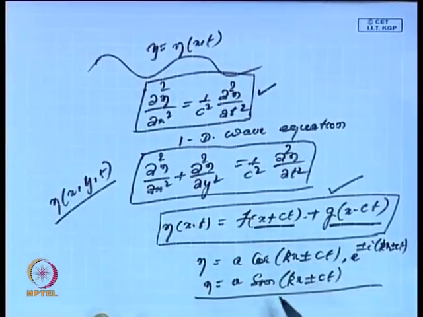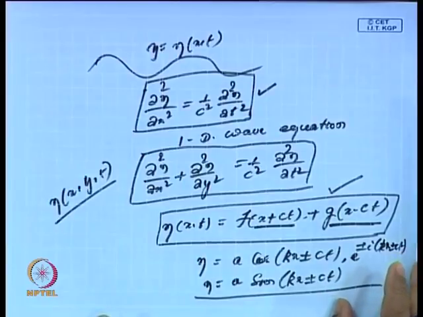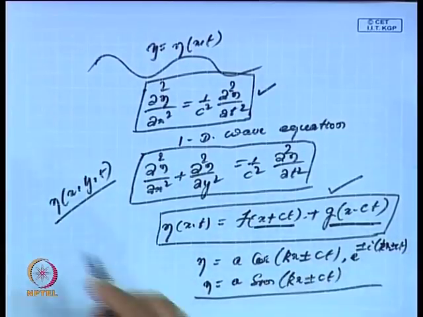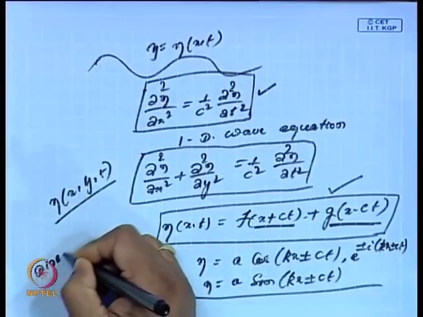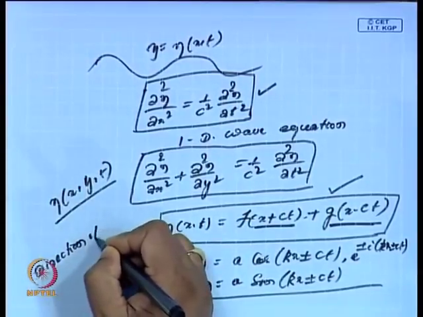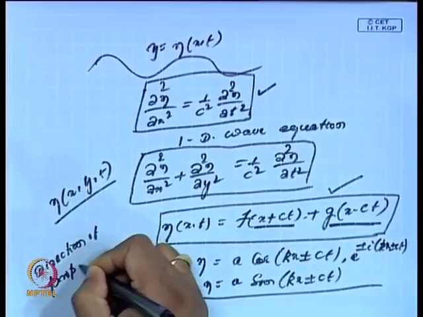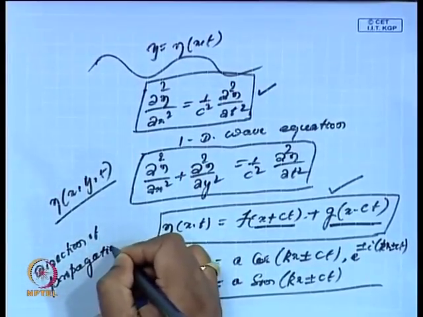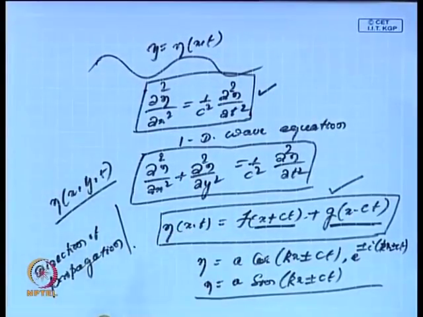So, when we think of waves, we have to always think of two things. One is the direction of propagation, because that is very crucial, and another factor is the various phenomena associated with the wave.